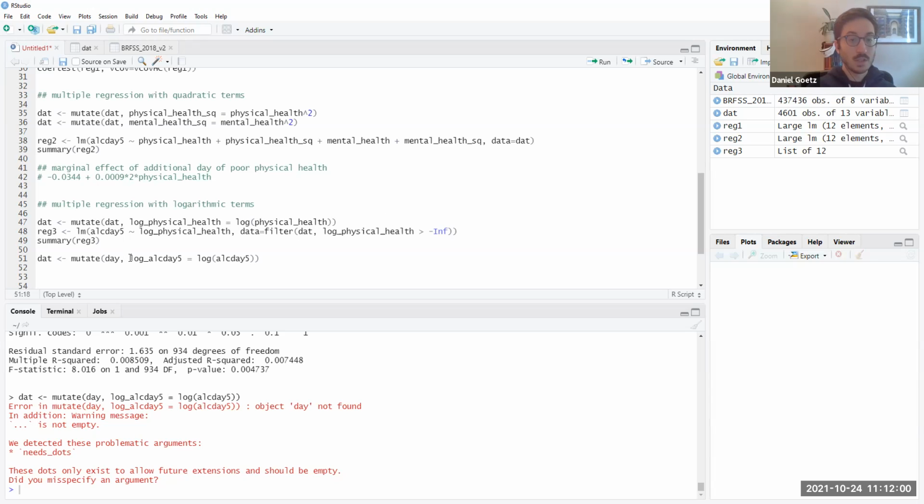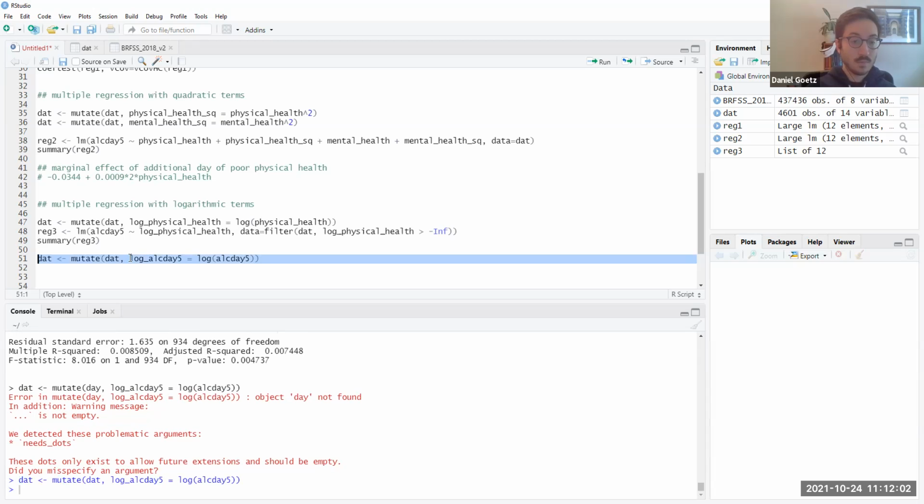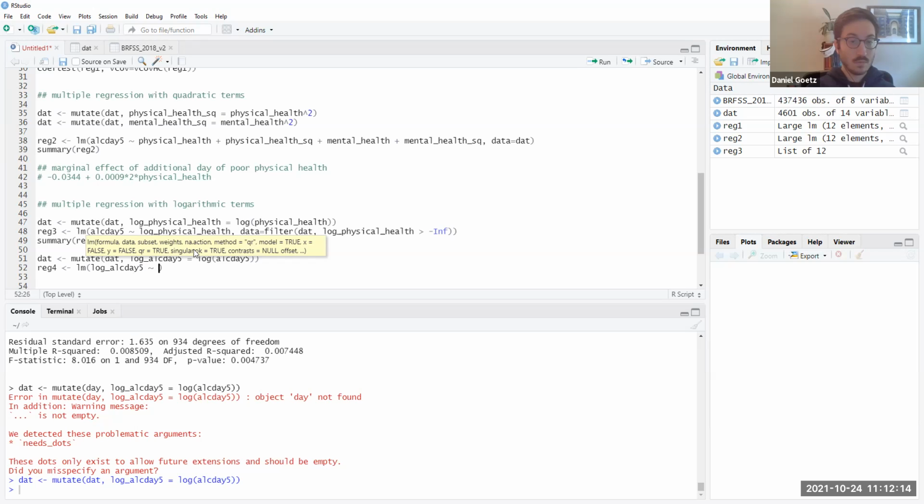Oh, mutate dat, not day. Now notice we are going to need to do an additional filter. We're going to only use log physical health greater than negative infinity and log alk day 5 greater than negative infinity, right?